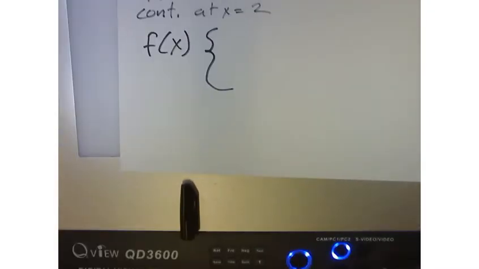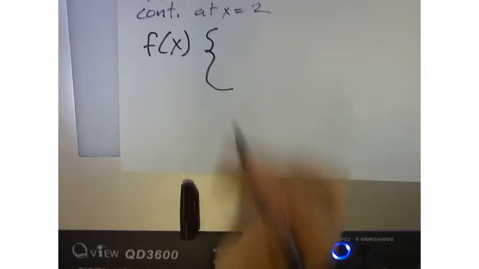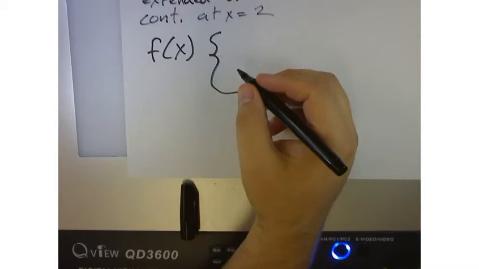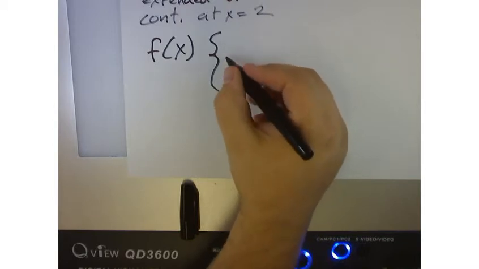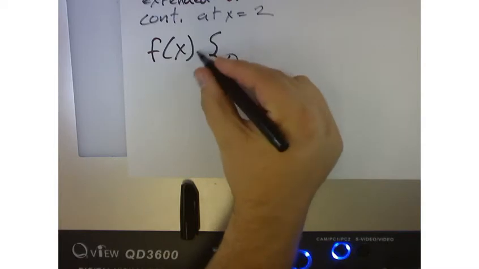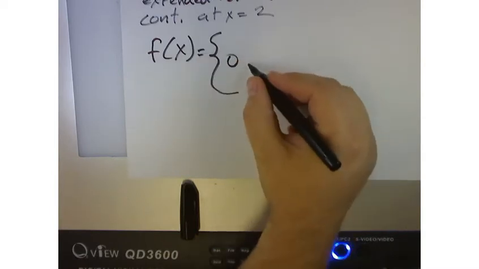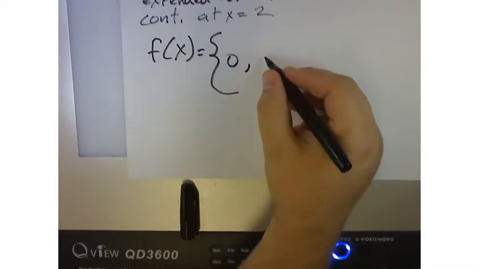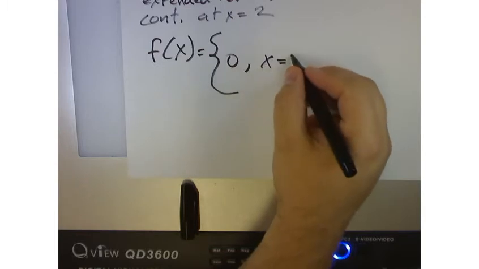So remember that f of x has got this piecewise function business going on, right? So we've got all these different definitions of the function. Well, I could say somewhere along here, 0 when x equals 2.